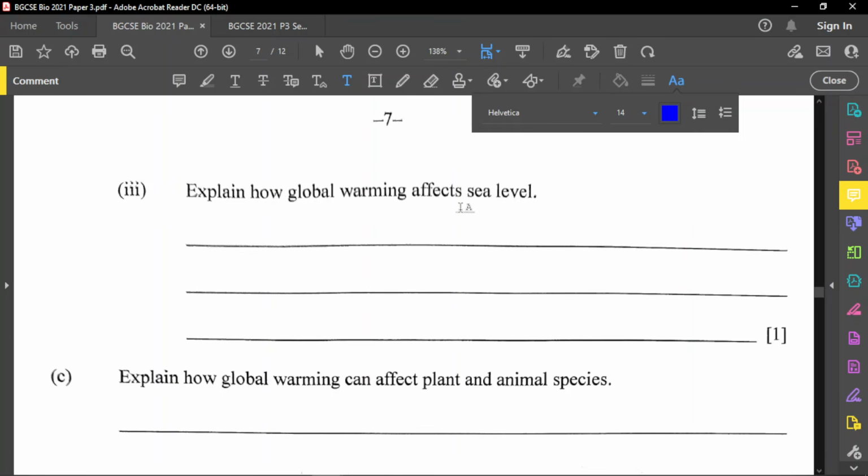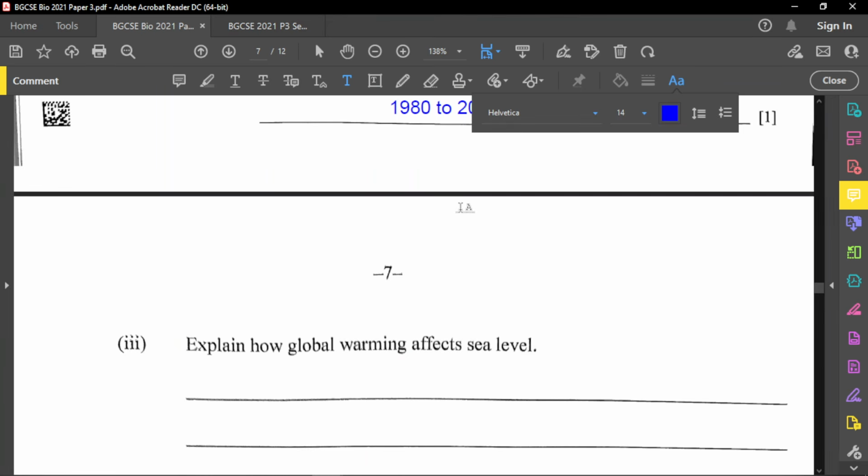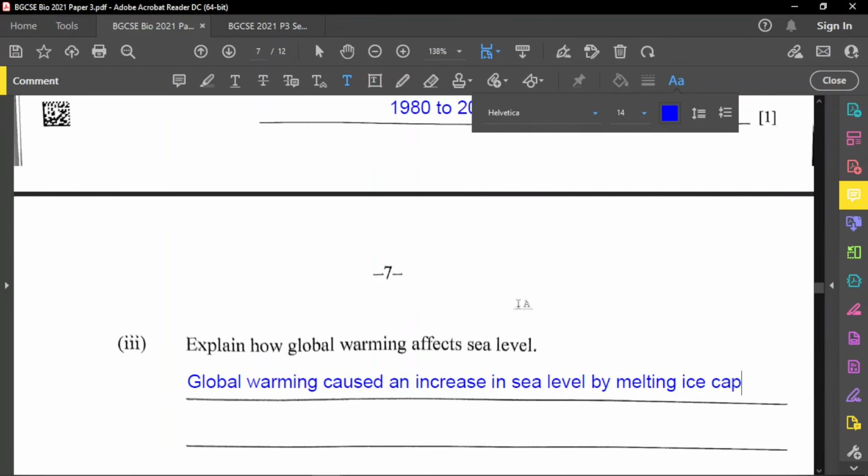So you can say that global warming caused, let me slow down, an increase in sea level by melting ice caps.